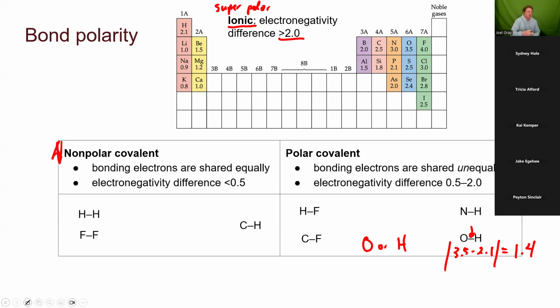Can somebody add to the chat either what we described an ionic bond or an ionic compound consisting of, or add an ionic compound's formula to the chat? I'll give you a hint.